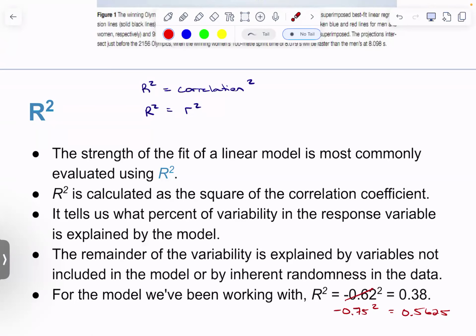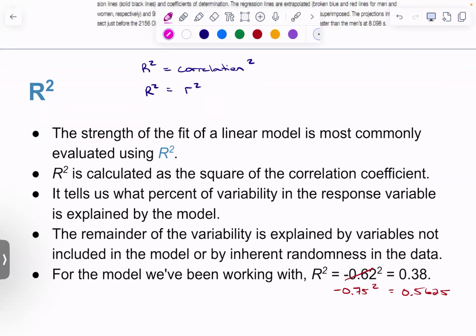Then I get a value between 0 and 1, which we usually report as a percentage, so 0 and 100%.